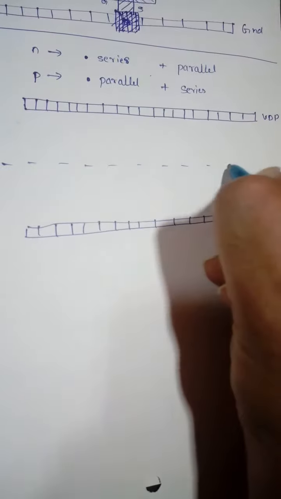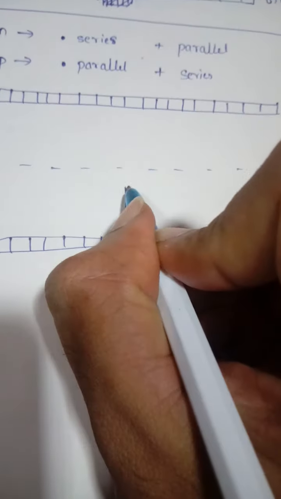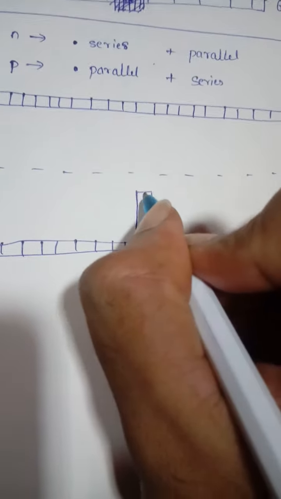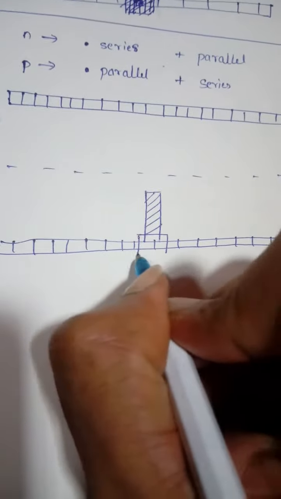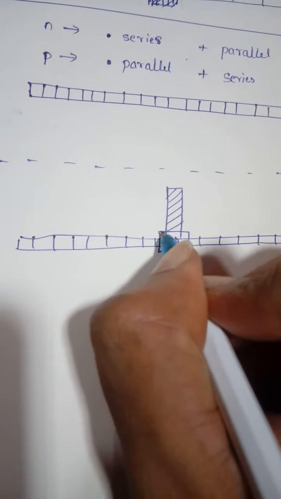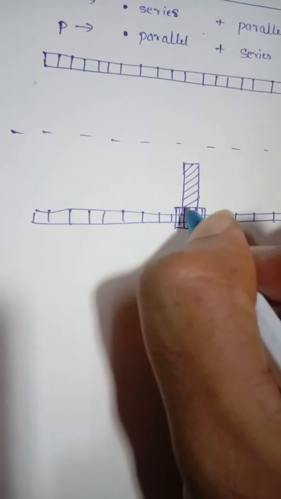I will mark the demarcation line. So now let me start with the bottom, where I'll be using N plus diffusion, and I am putting the contact cut. So this is the first step. So this is the metal and N plus contact cut. So we have to include both.